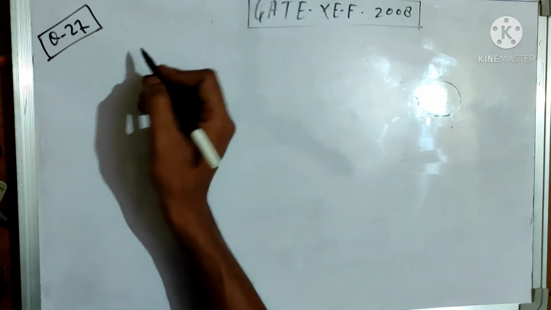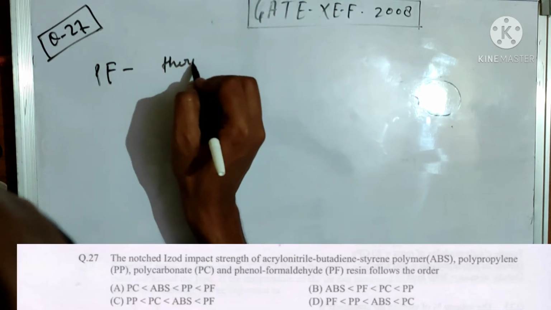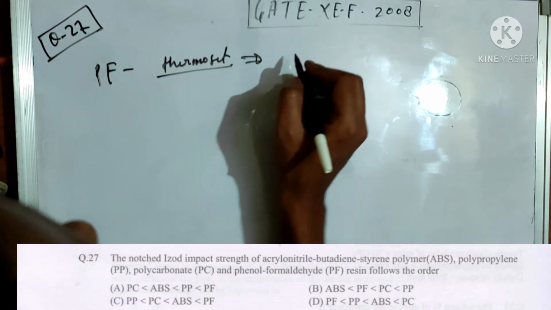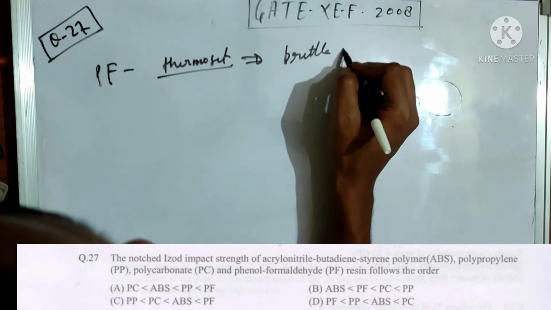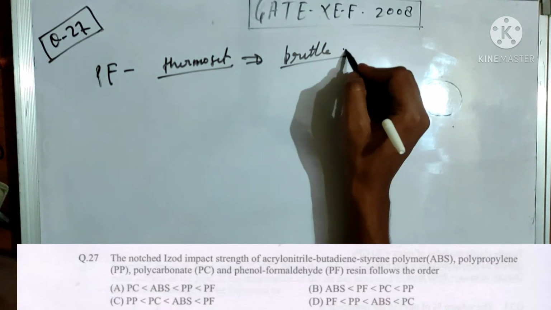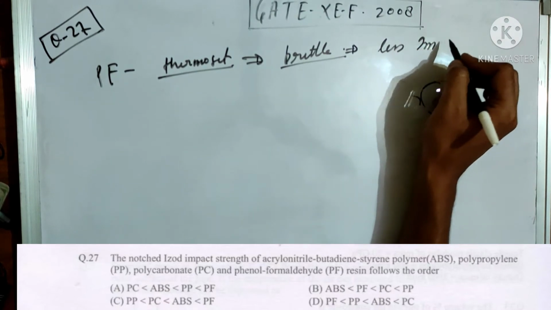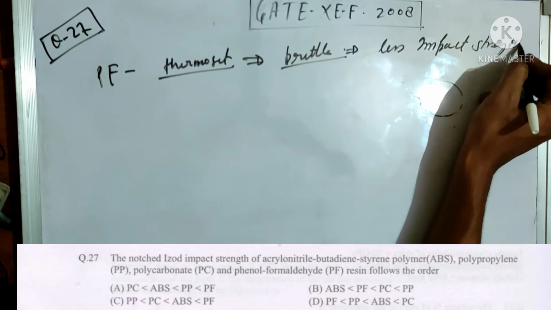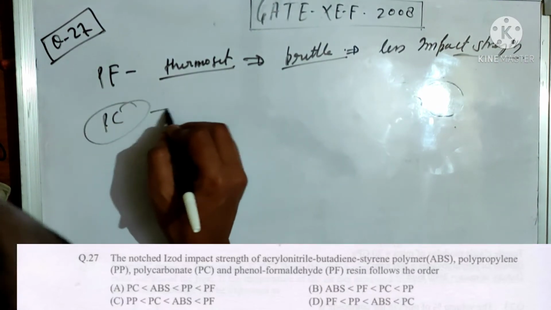The order of the impact strength. First, PF is a thermoset polymer which is brittle in nature, so less impact strength. Second is polycarbonate.